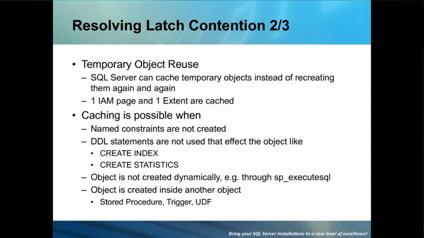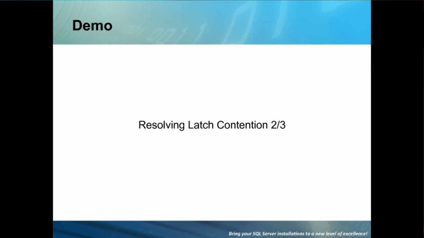Means I have introduced a DDL statement, means SQL Server isn't currently able to cache that temp table. Means when we are running that stored procedure 1000 times, we are allocating that temp table physically 1000 times. Very easy to show you that.